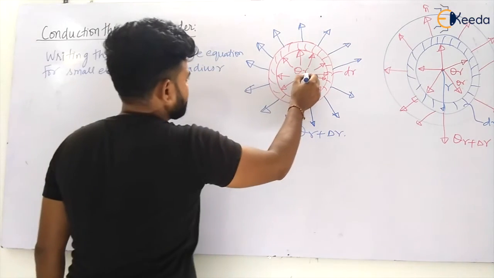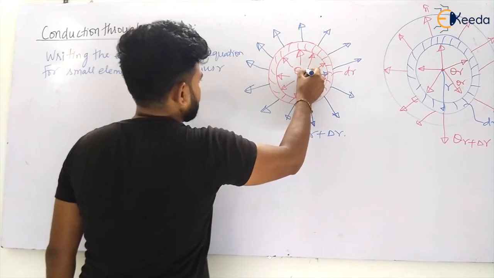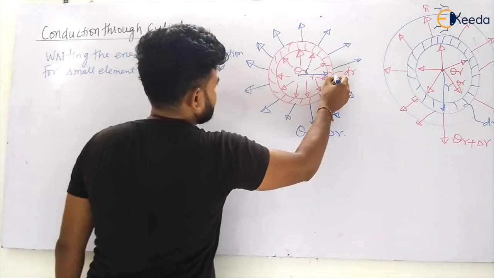So what is that radius, my dear students? This is your r. This radius is r, and the thickness of this is dr.